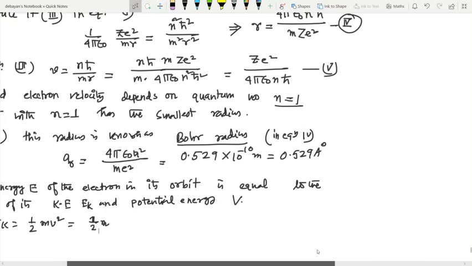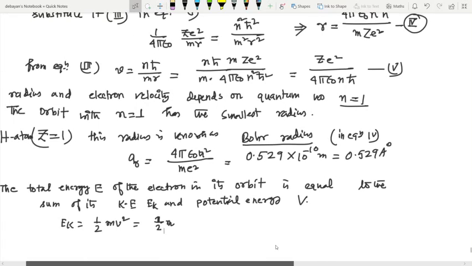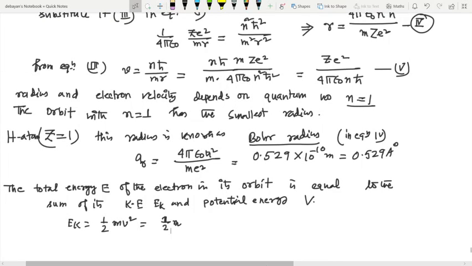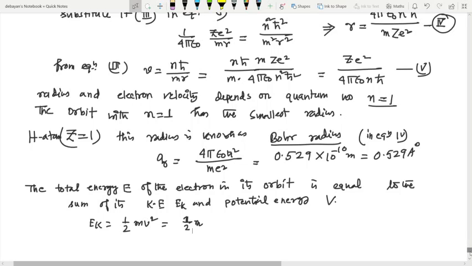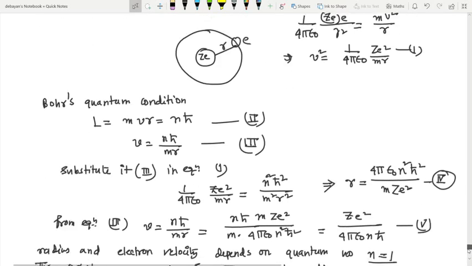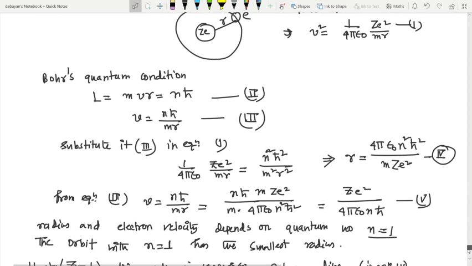If we want to find the value of v square, then directly we can put v square is 1 by 4 pi epsilon naught Z e square by m r, from equation 1.